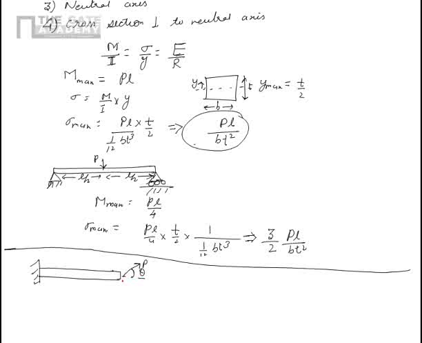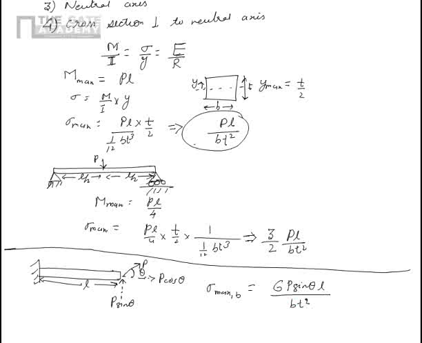So obviously I have to resolve this force into two parts. This is P sine theta and this is P cos theta. Now, P sine theta causes the bending, and because of which the maximum bending stress will be the same thing as what we have got here, which is 6P, now P becomes P sine theta, L by Bt square.